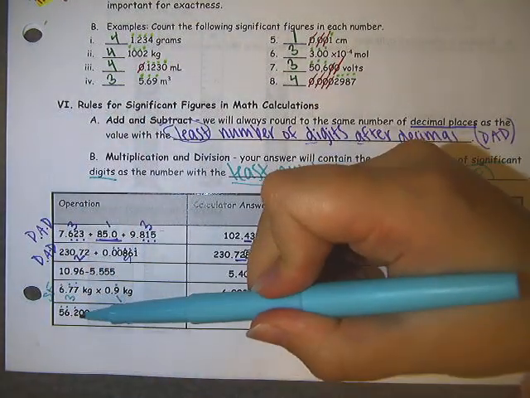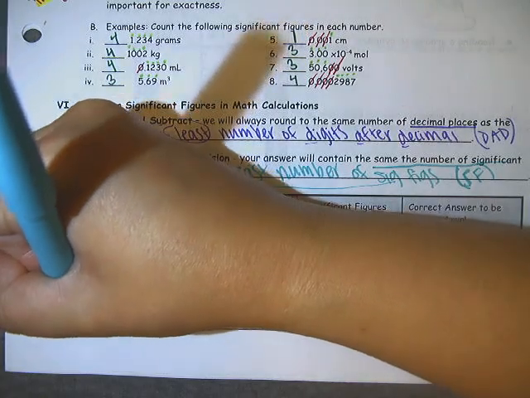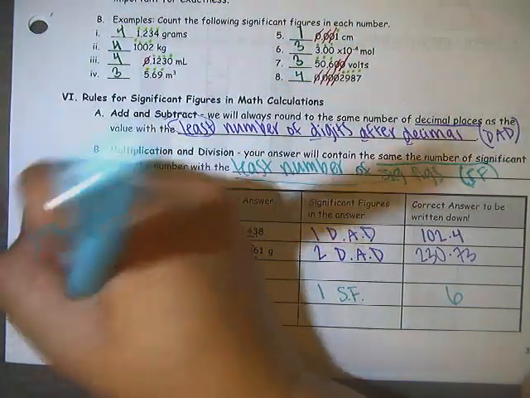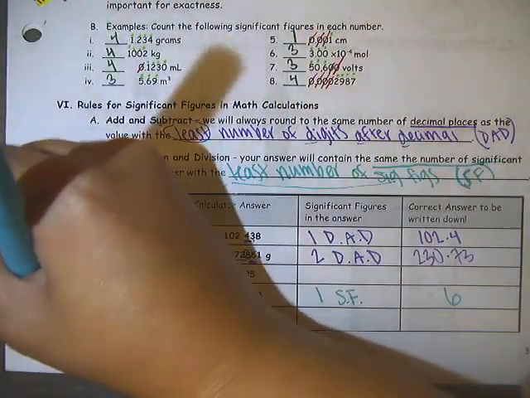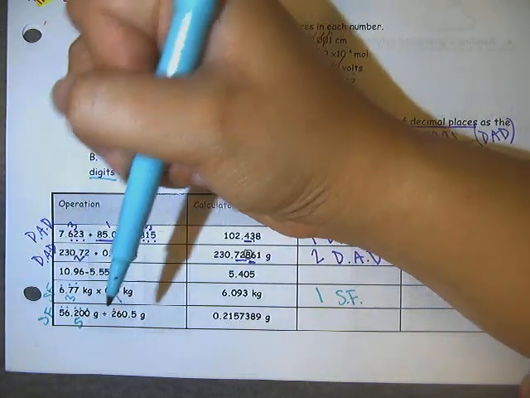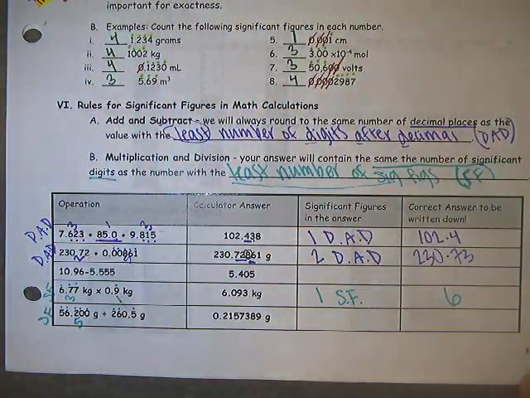What about the zeros in this number? Yes, because they're trailing zeros and there is a decimal in the number. So since there's a decimal in the number, both of those are significant. So 1, 2, 3, 4, 5 significant figures for that number.